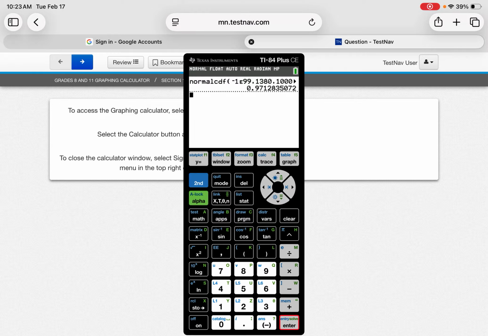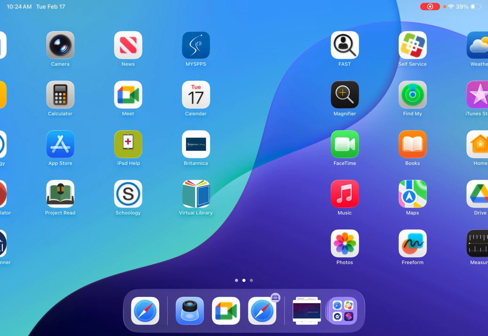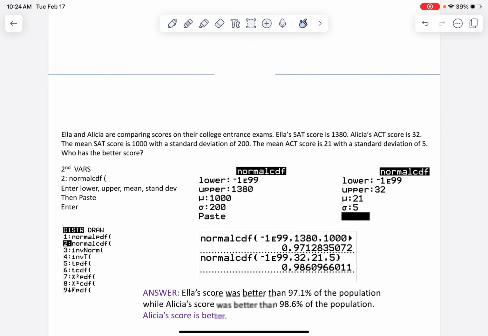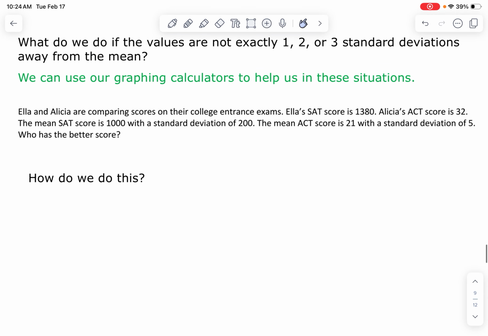And if we go back to this, Alicia's score is 32. So again, we put in the mean and then the standard deviation.